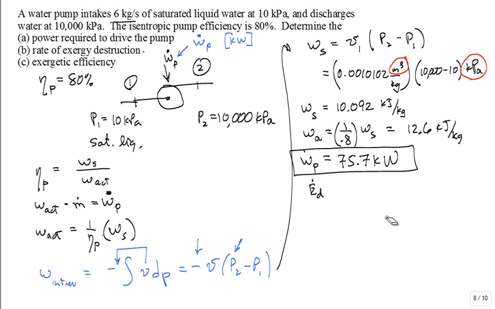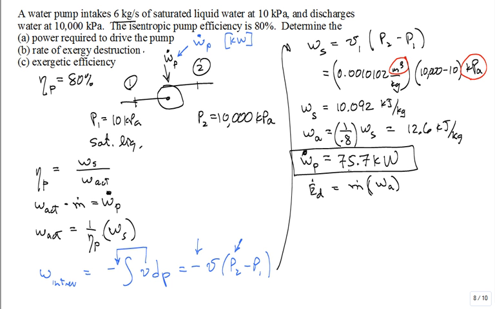I know I could discuss this for a little bit, but the mass flow rate times the lowercase w sub a, we just calculated that. That's the power being supplied to the pump. 75.7 kilowatts are being supplied to the pump, right? Where does that go?